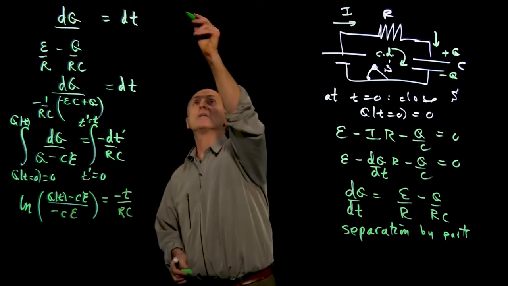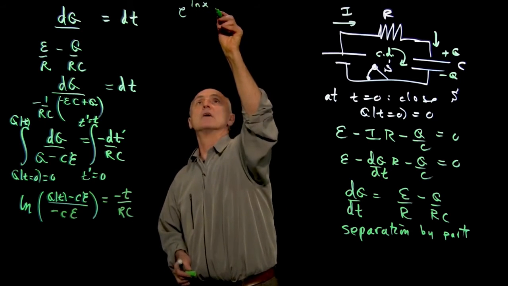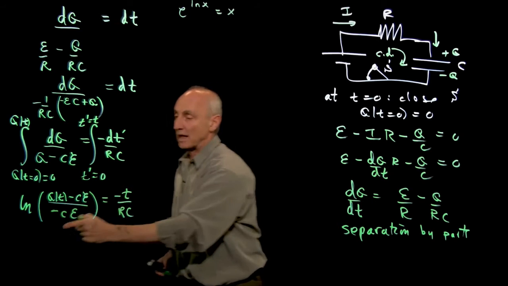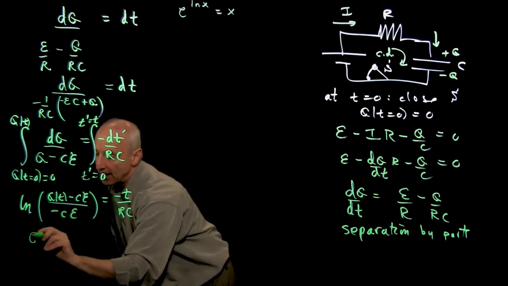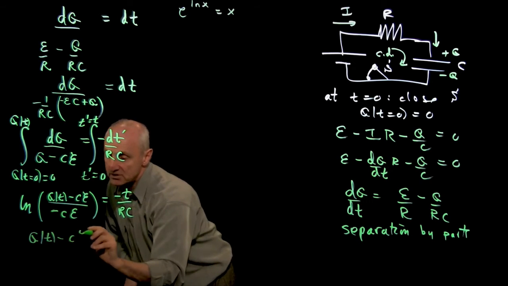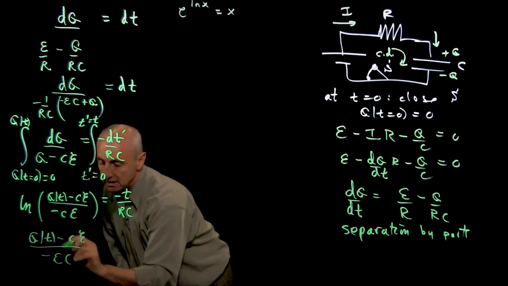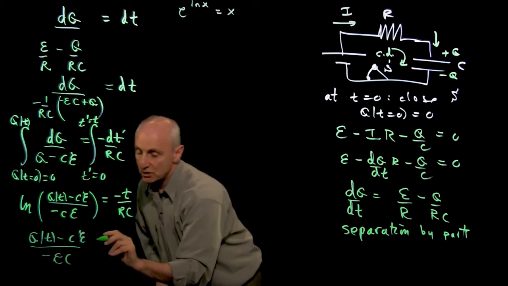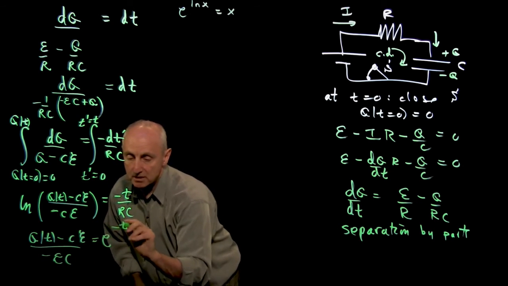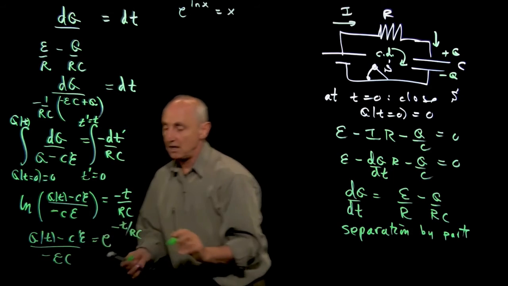Now keep in mind our little identity that e to the log of x is x. So I exponentiate both sides, and I get Q of t minus CE is, minus CE times e to the minus t over RC.